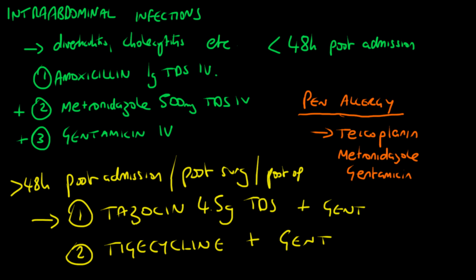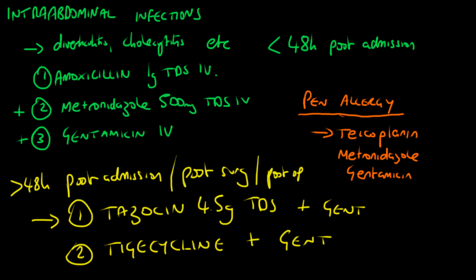It's basically the escalation from something like co-amoxiclav, because it is tazobactam and piperacillin within it, that's 4.5 grams TDS unless they have renal compromise. You would also add in gentamicin for a good gram-negative cover. There is gram-negative cover within tazocin, but it's not very good, and this just completes your broad spectrum cover. Second line would be teicoplanin and gentamicin if they were penicillin allergic.